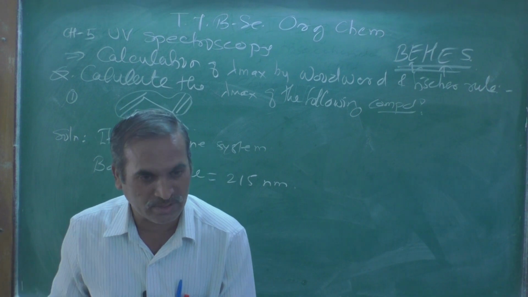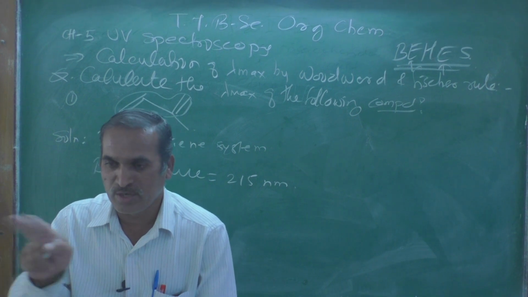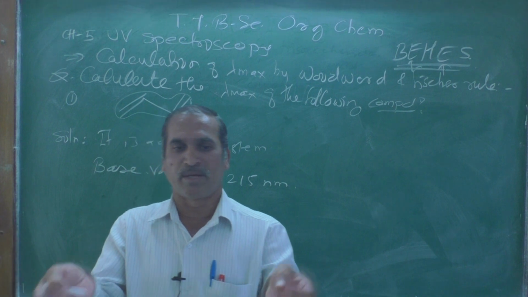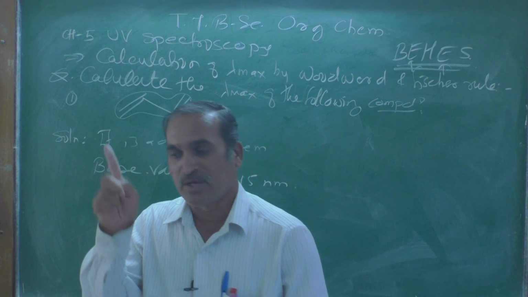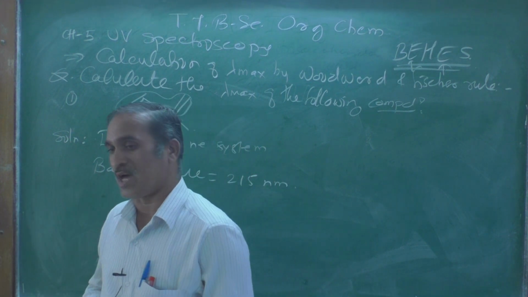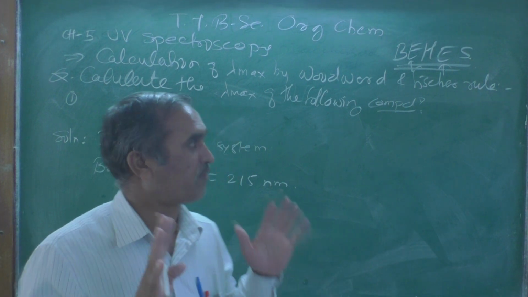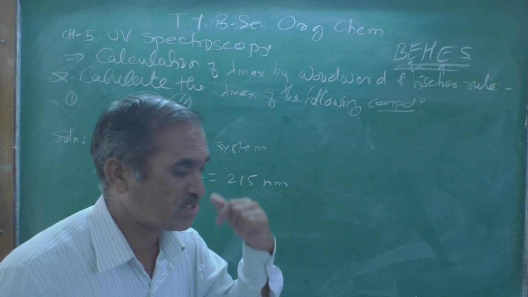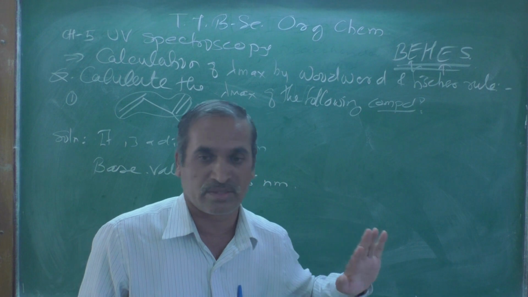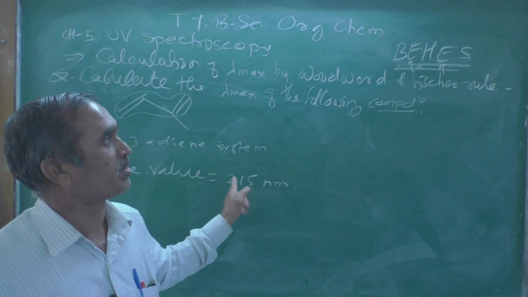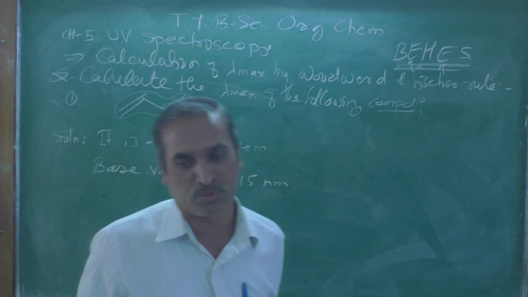Otherwise, don't count it. Here there are only 2 double bonds, which means it is a diene system. Therefore, in the first example, there is no extra double bond, meaning extended conjugation is not present in this particular example.